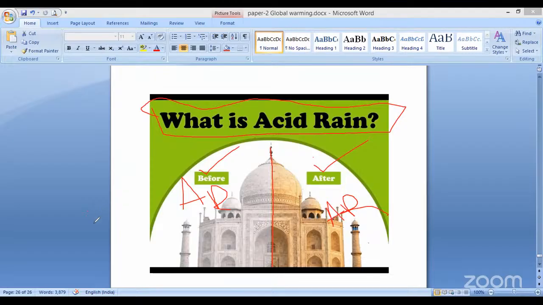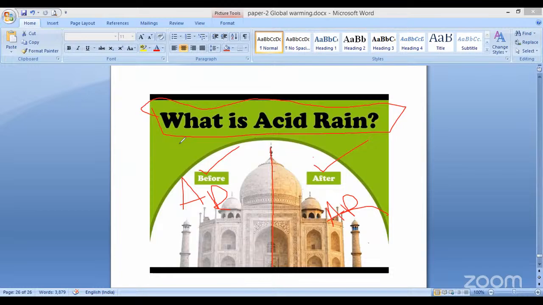So, how monuments can lose their originality and beauty: this is the original Taj Mahal color and the beauty of the monument. But in the present situation, the color will be changed and it will be like this.